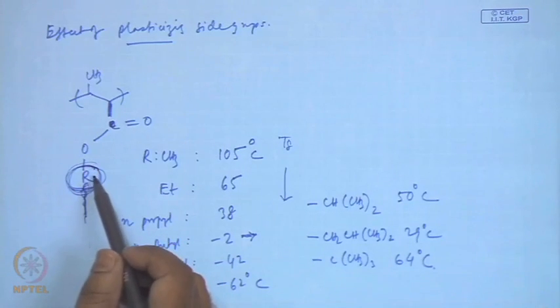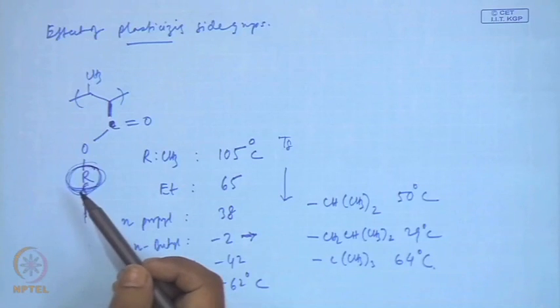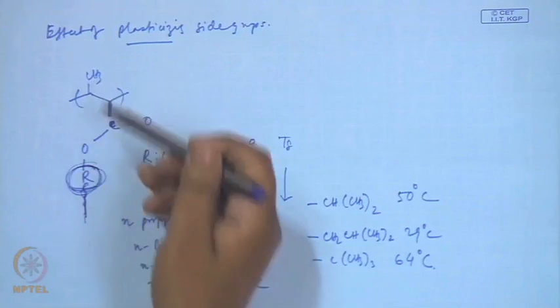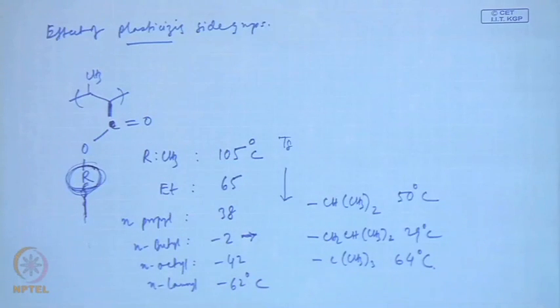So, they give less free volume to the polymer chain, and they may also contribute a little to the restriction in the chain rotation. So, there is an increase in the restriction.